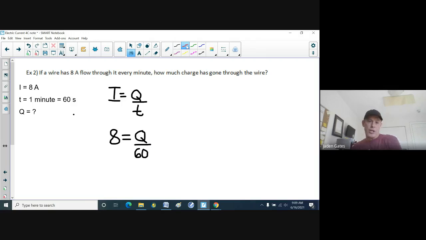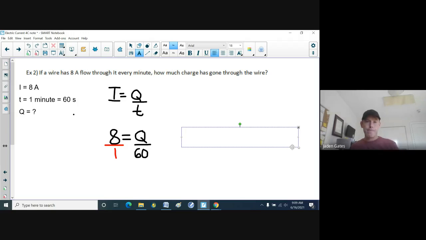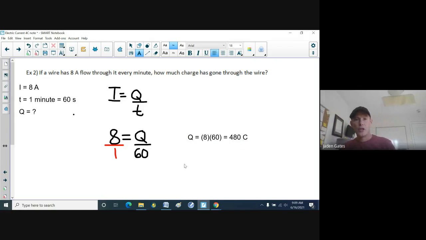Again, I have something equaling a fraction, so I'm going to go with a fraction equaling a fraction, as I always do, because I want to cross multiply here. If I have 1 times Q, I've got a Q. And then I have 8 times 60, which equals, let me grab my calculator, 8 times 60 gives me 480 coulombs of charge. And there we go.